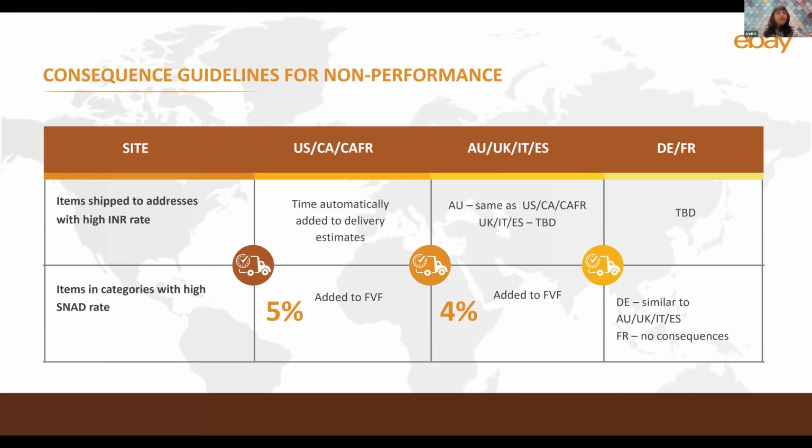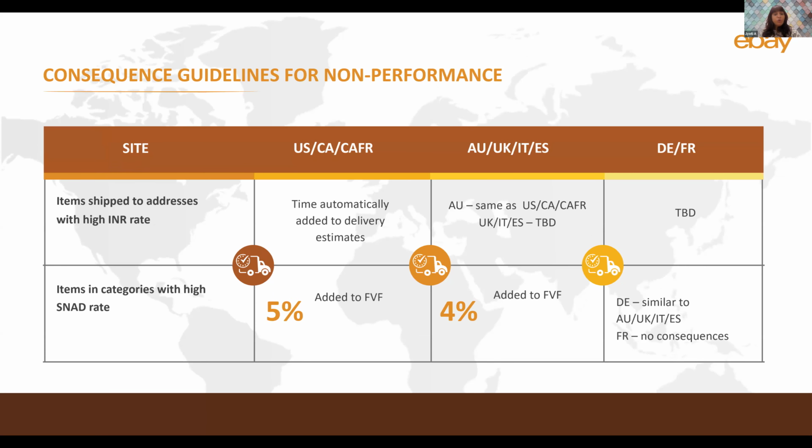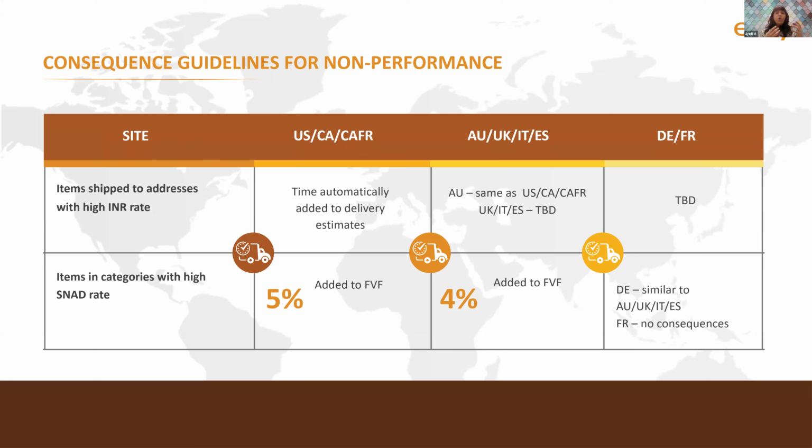Whereas for categories that you've been assessed as very high for item not as described or SNAD rate, there will be an additional 5 or 4% depending on the region on which you have listed, whether it is USA, Canada, Canada French, Australia, UK, Italy, Spain, DE, that is Germany, or France.